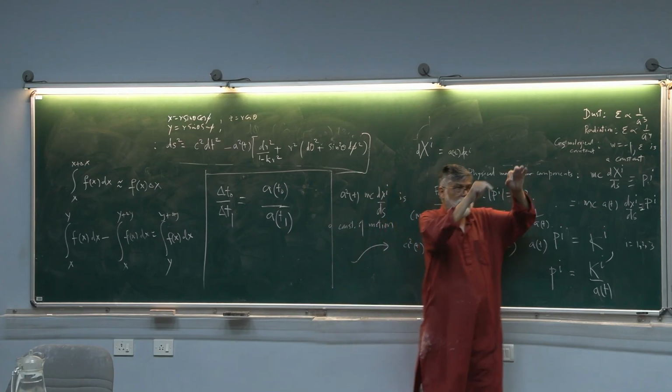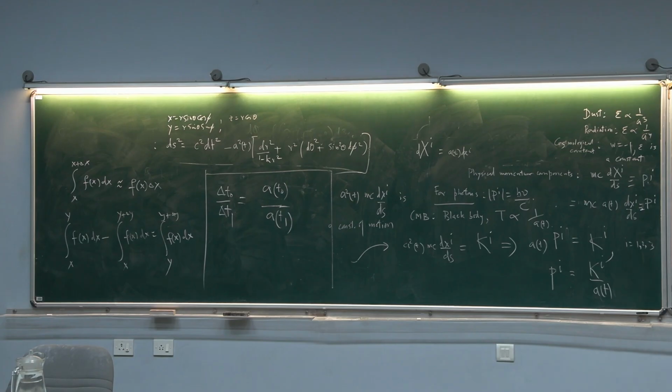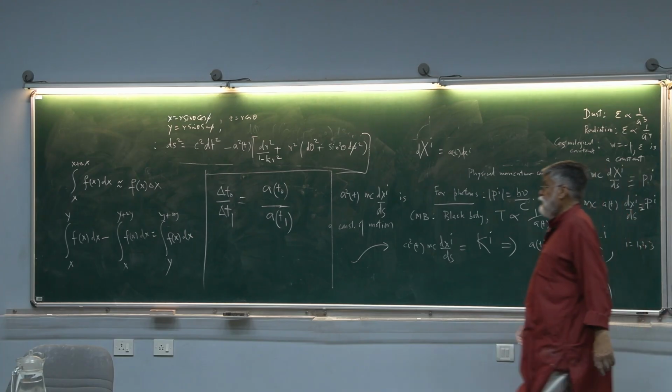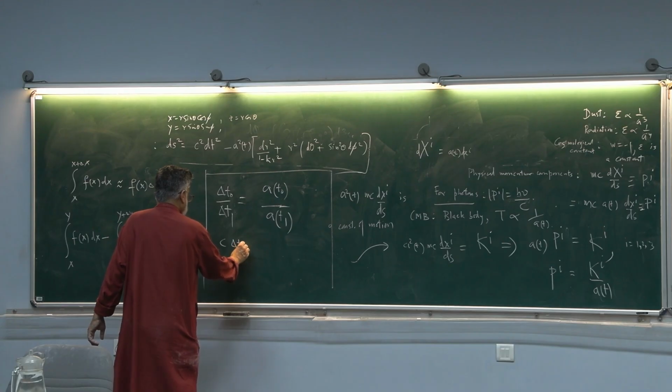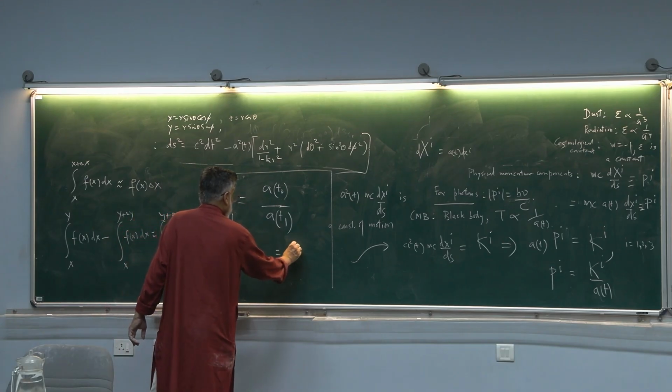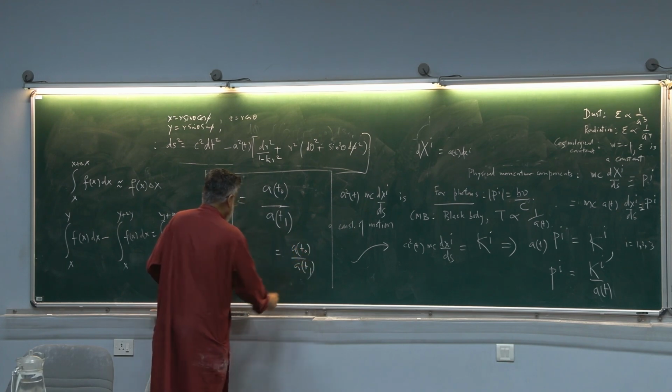But the same thing, instead of two light rays, as I said, is the crest. The crest was emitted at 1, the next crest was emitted at 2. So if I multiply by C, C delta T0 by C delta T1 is also equal to A of T0 by A of T1. But what is C into delta T0?